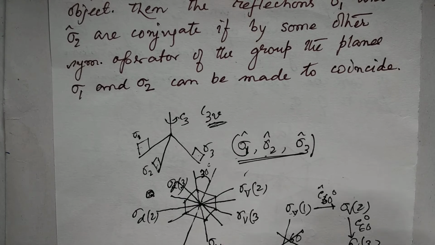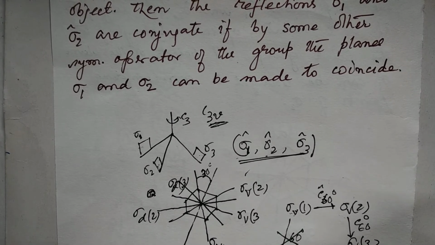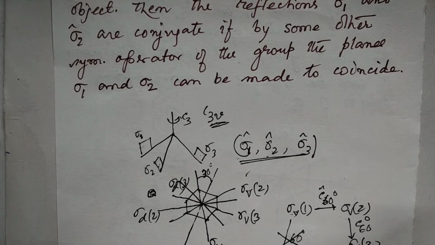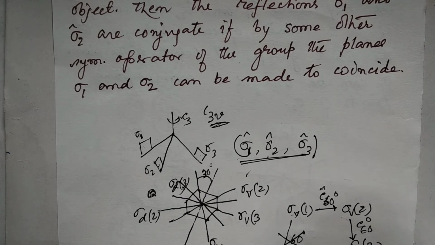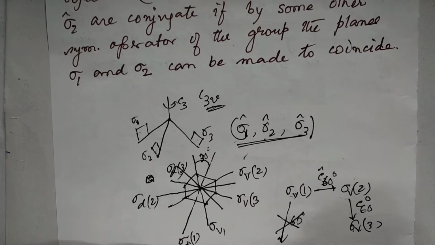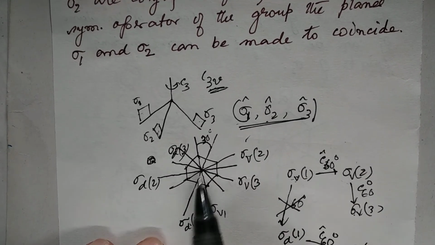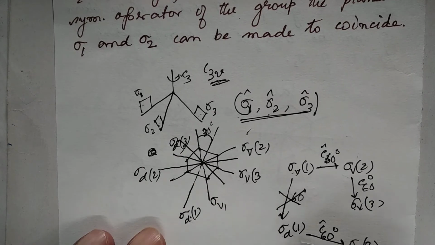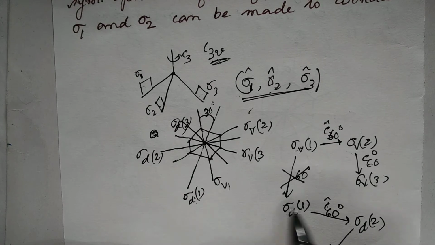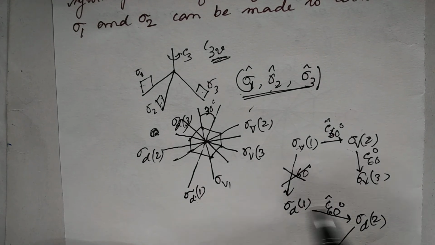That sigma D1 can be brought to sigma D2, and that can be brought to sigma D3 by 60 degree rotation operations about this axis. So these three planes coincide, and therefore reflections on these three planes are conjugate to one another.